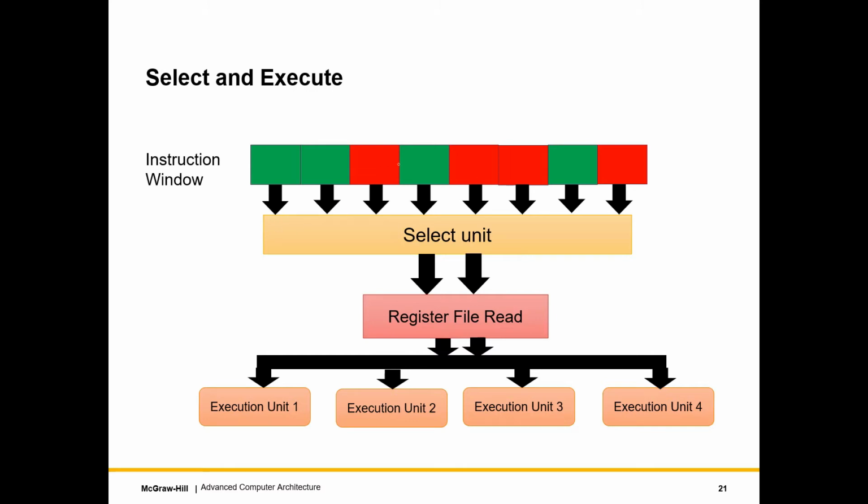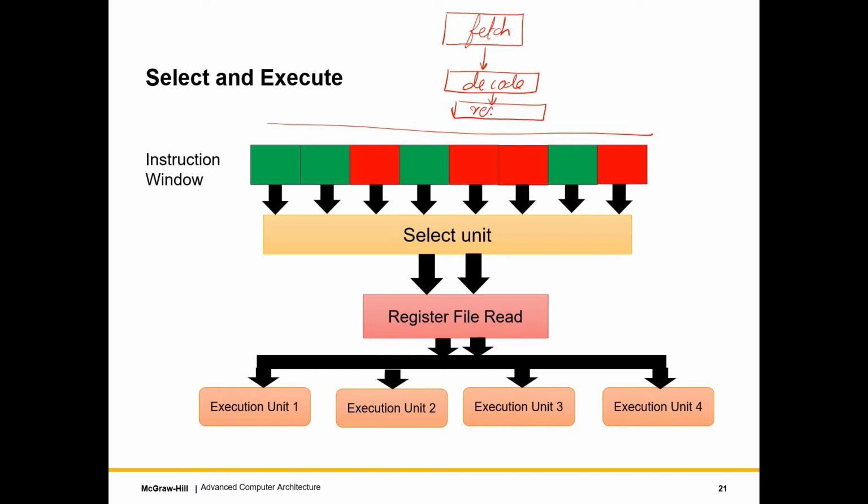So let us look at this part of the pipeline. So the earlier part, what did we have? We of course had fetch. Fetch had a host of things like branch predictors and so on. Then we had decode. Then we had rename.